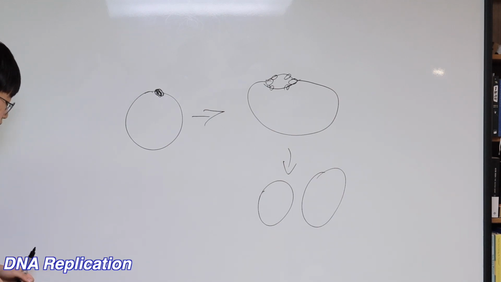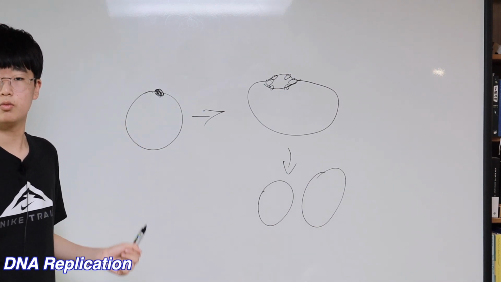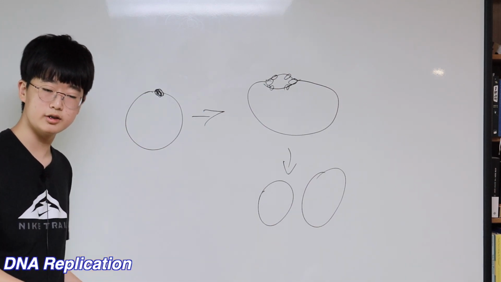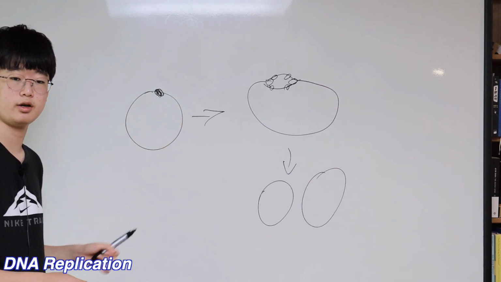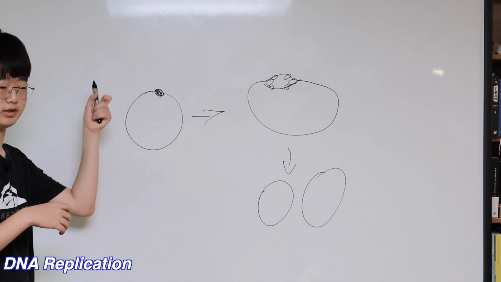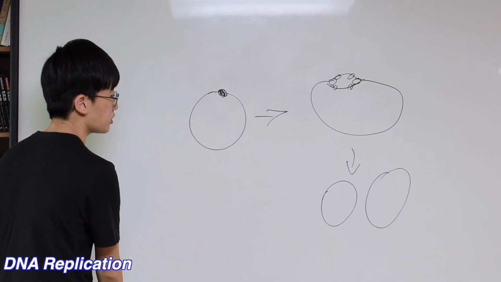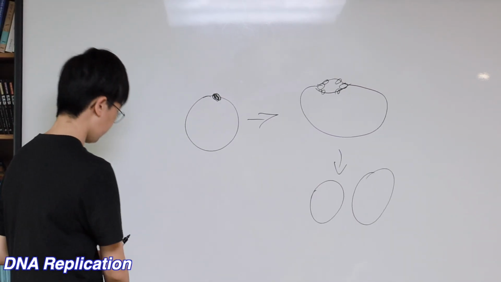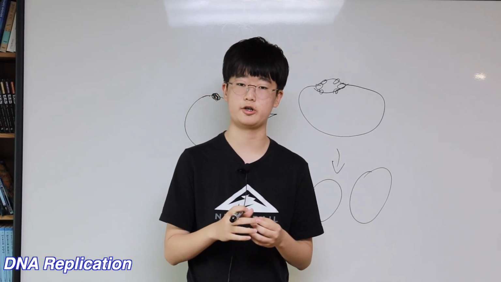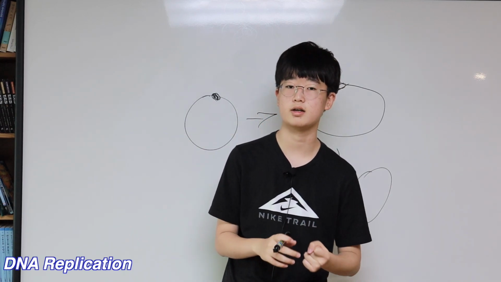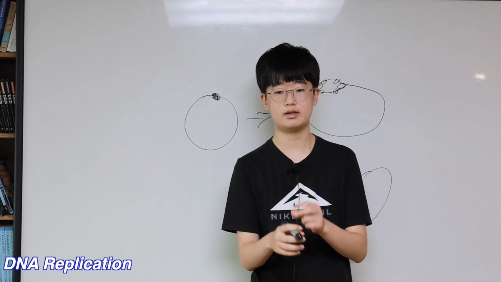Also, there could be multiple ORIs per DNA being replicated. E. coli is a very simple creature, a very simple prokaryote, so its genetic information isn't that long.